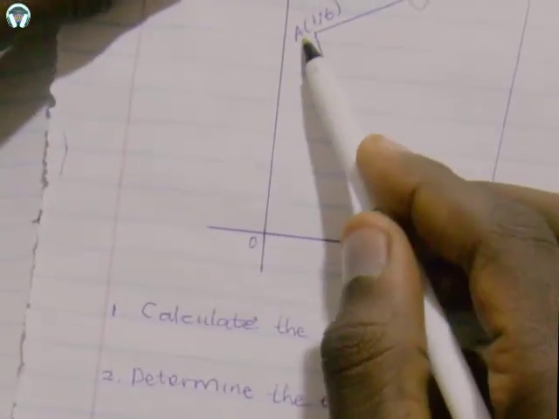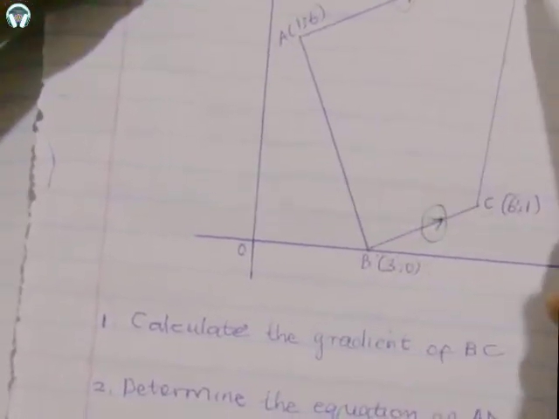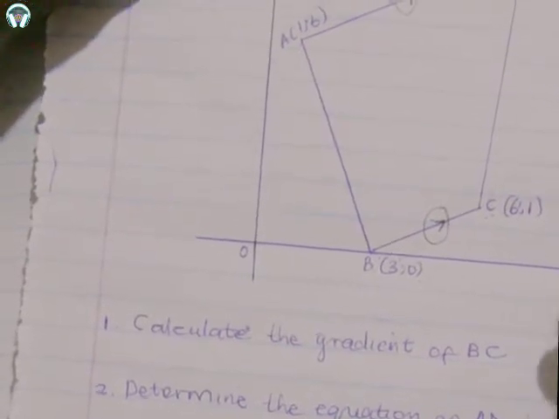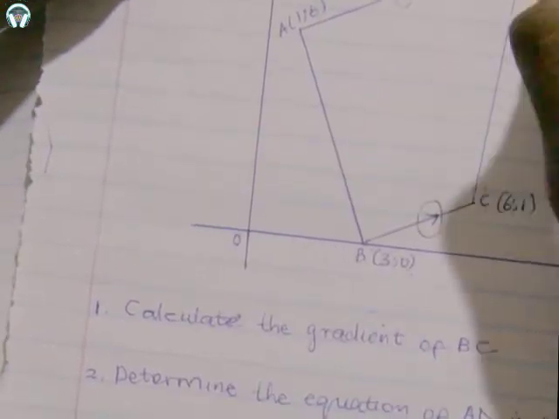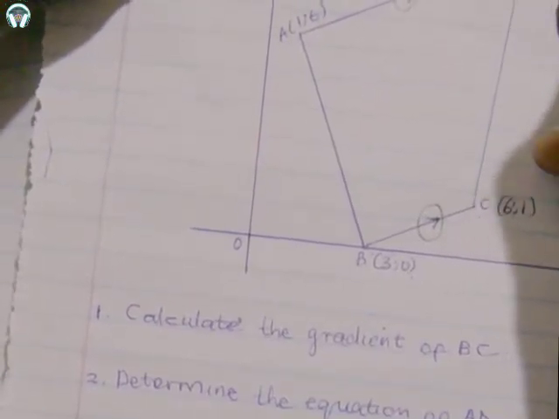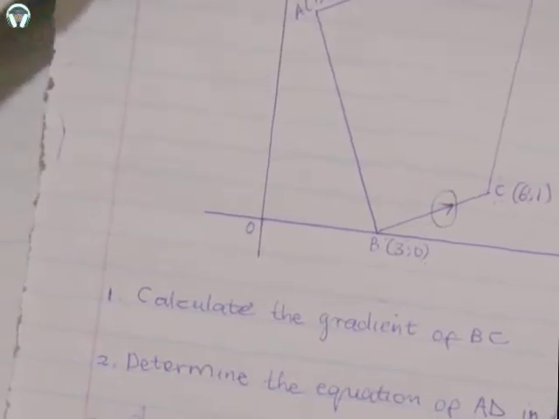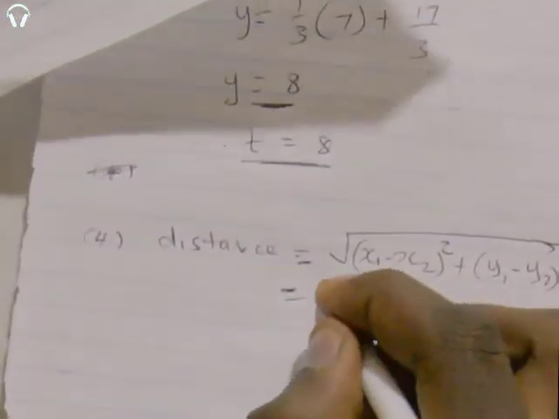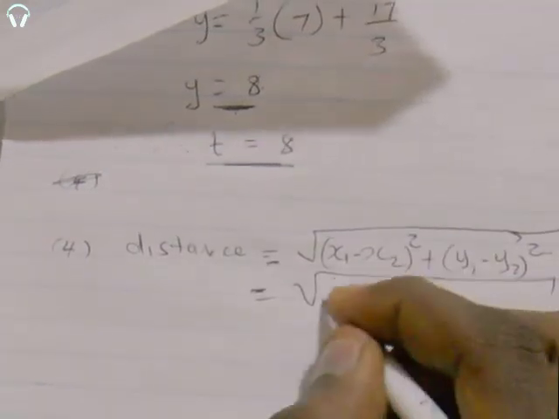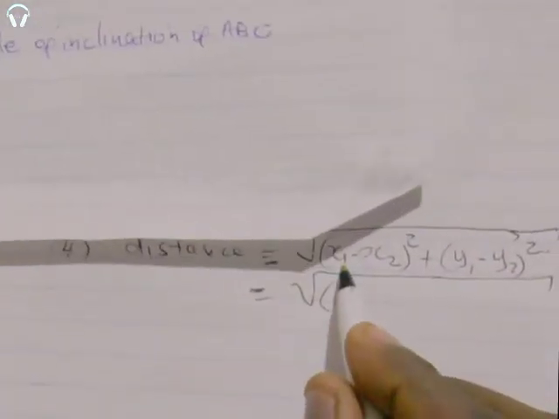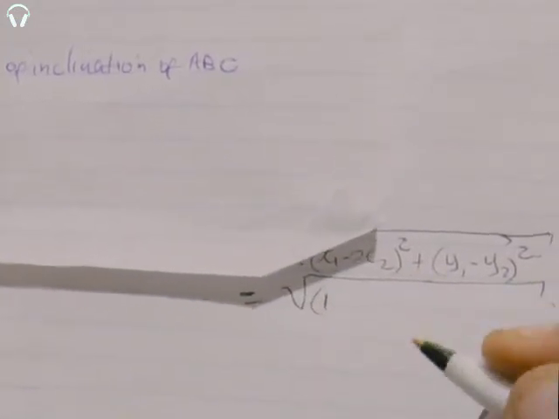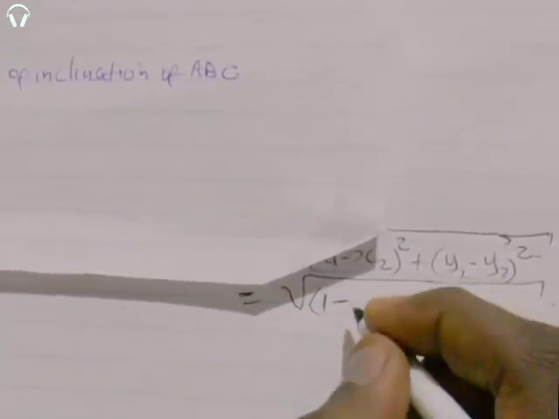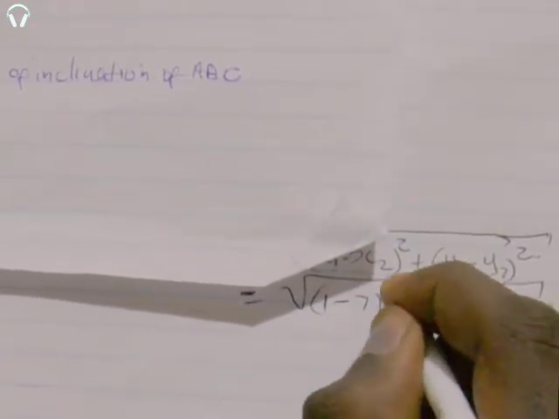So in the case of AD, we have A with coordinates 1 and 6, and we also have D with coordinates 7 and t. But from the previous question, we found out that t is actually equal to 8. So we can adjust it to 7 and 8. You substitute into your formula. x1, we can choose for the point A, and x2 for the point D, which becomes 1 minus 7.